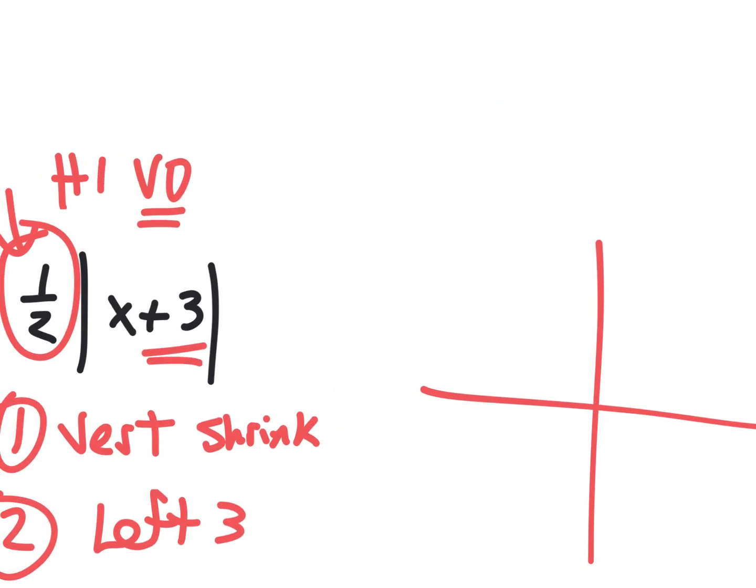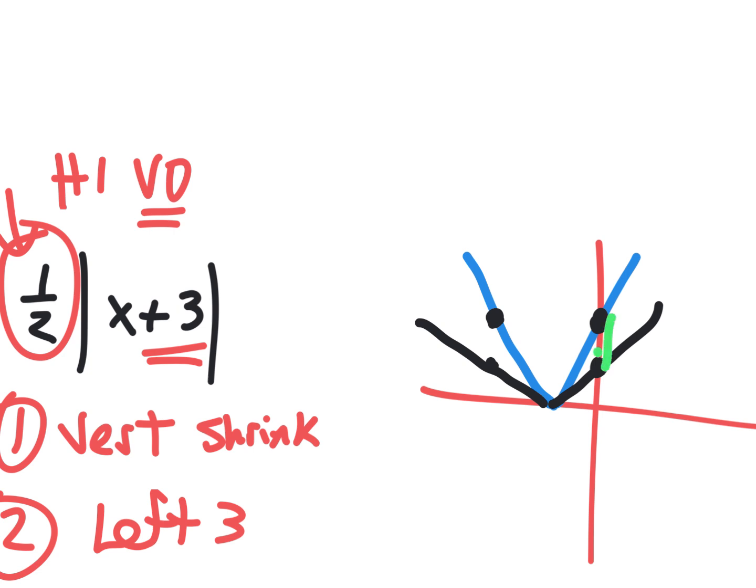First of all, I'm going to take a V shape. I'm going to move it left 3, just like that. And then how do I make it half as tall? This is going to look weird to some of you. It used to be this tall. Now it's going to be half that tall. This point used to be that tall. Now it's half that tall. And I know this looks weird. But think about it like somebody grabbed this and squished it down half as tall as it was. I know it got wider.